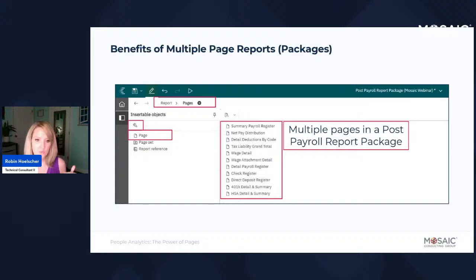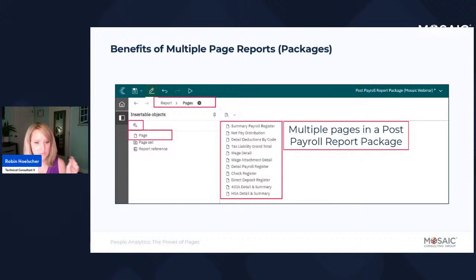So if you click on report, it's going to give you a drop down. And if you click on pages, it's going to take you to where you can add additional pages. And how you would do that is go to your nifty little toolbox there.